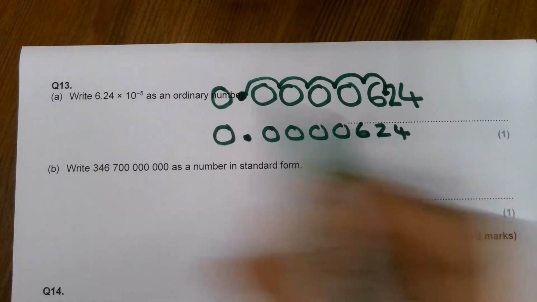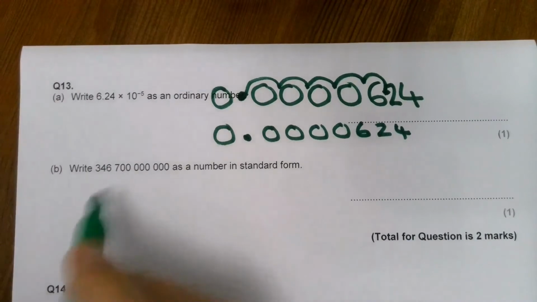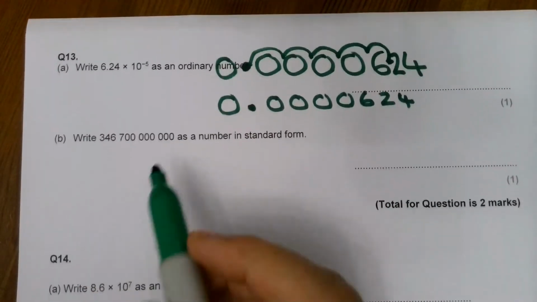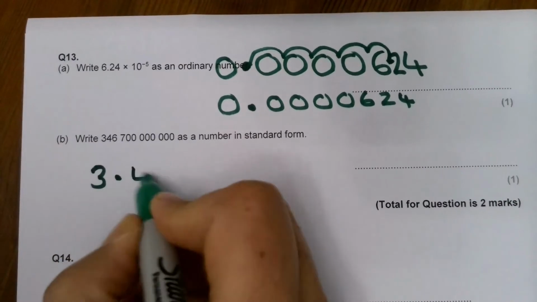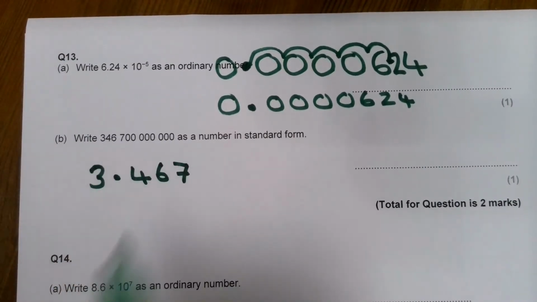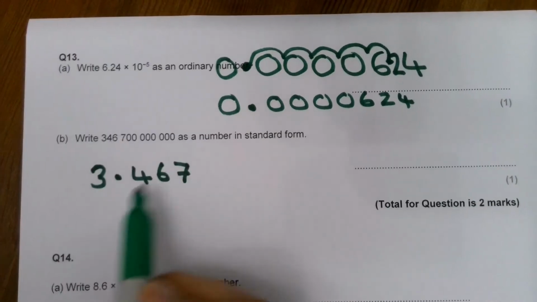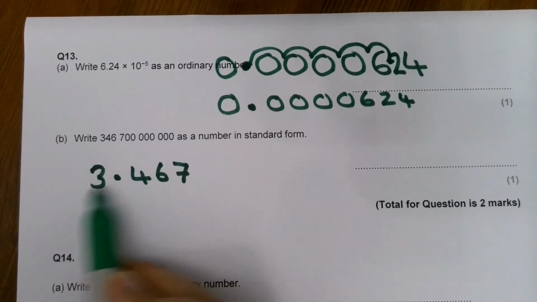Okay, write this huge number here in standard form. Well, the first thing I do is make my first number between 1 and 10. The decimal point needs to go after the 3.